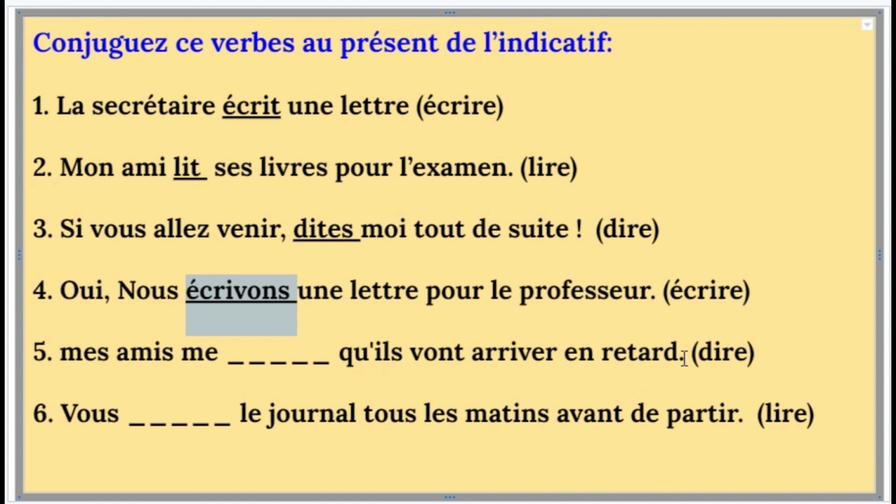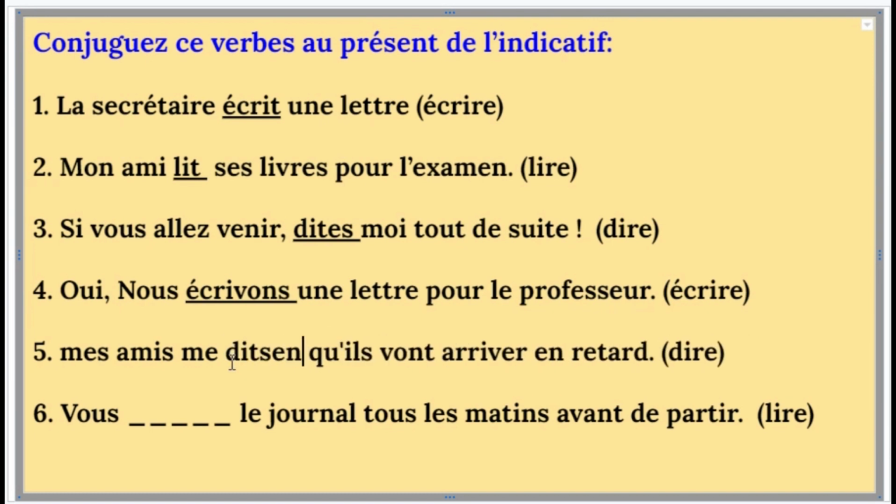Maybe you have a birthday party. So the verb dire and the pronoun here is mes amis, third person plural. So we're going to have here disent. Mes amis me disent qu'ils vont arriver en retard. They told me they are going to be late.